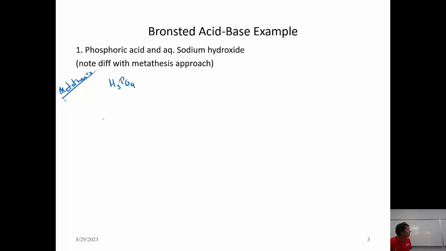Phosphoric acid, H3PO4, and sodium hydroxide, NaOH. It's an AB plus CD. So I need to take H plus and OH minus. H plus and OH minus makes what? Hydrogen hydroxide.